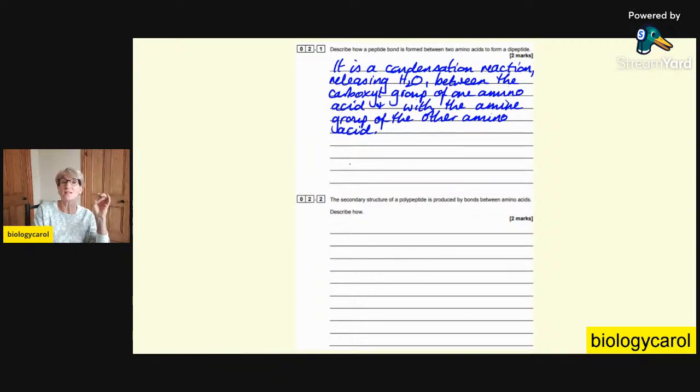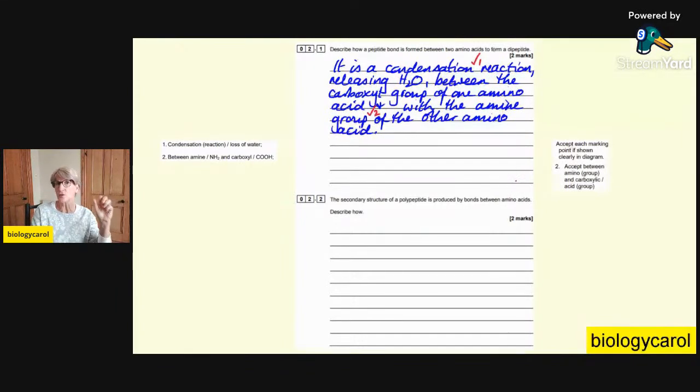So I only thought of this second bit as I was writing the first bit. And then by the time I'd got to the end of that rather long sentence, I kind of thought that I'd probably written enough to get those 2 marks. And I had, fortunately. So mark point 1 for condensation, mark point 2 for talking about the 2 groups.